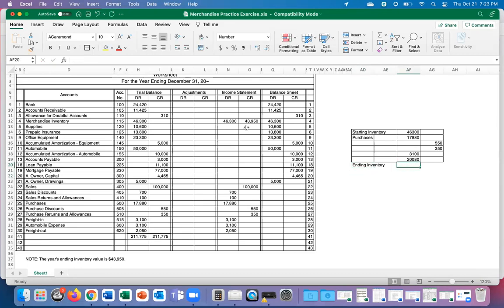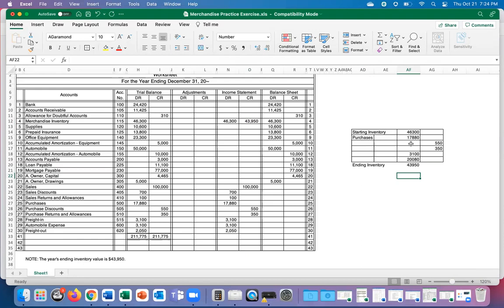And our ending inventory, remember, is our number that we got down here from that note. And then we also put into the income statement in the credit column, 43,950. So that's the amount of inventory that we have left in dollar amounts, right? And so we have to subtract that from the other numbers that we have here.